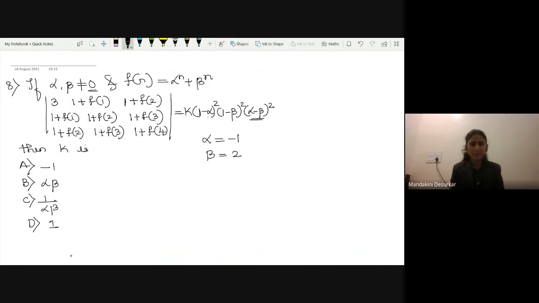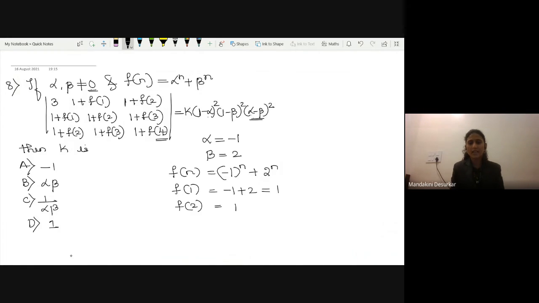Now substitute the values. If I put alpha as minus 1 and beta as 2, what is my f of n? It is minus 1 raised to n plus 2 raised to n. Now put n equal to 1. I have to find the value up to 4 because f of 4 appears over here. So f of 1 is minus 1 plus 2, which is equal to 1. F of 2 is what?